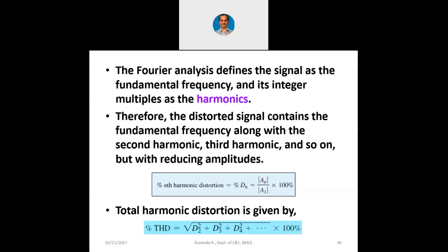For example, right now when I am speaking, my speech is not a pure sine wave. My speech is basically a complex wave. Let me write a small waveform here. When I am speaking now, my speech will be like this.